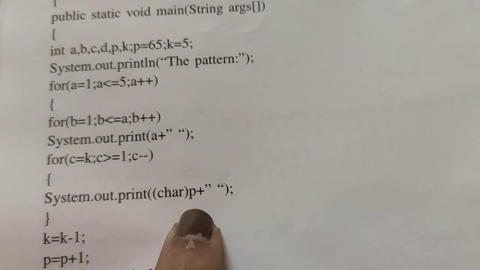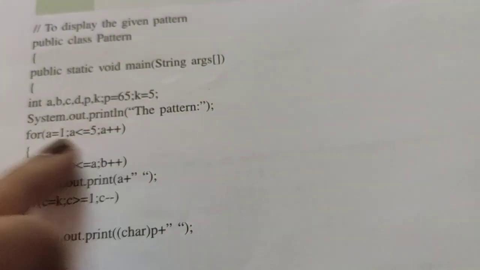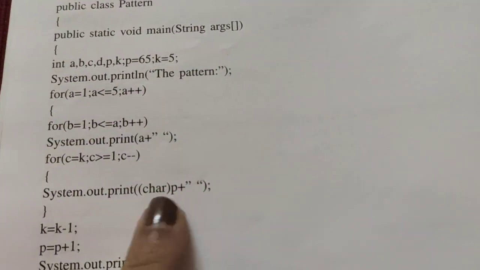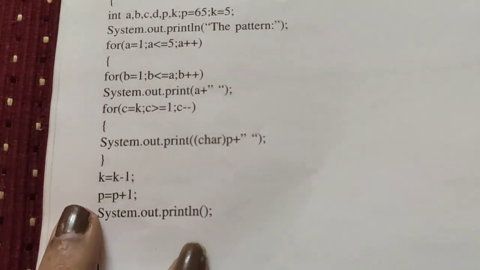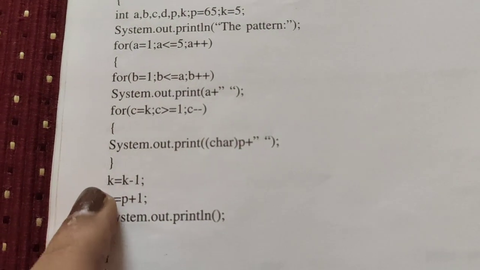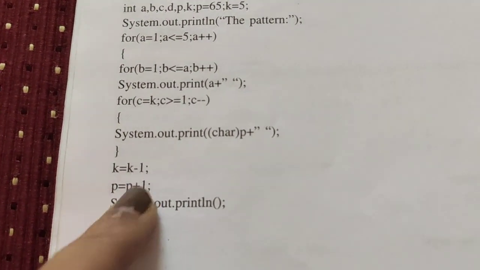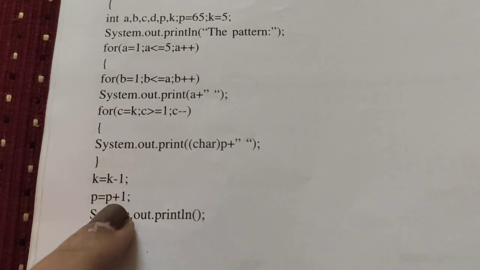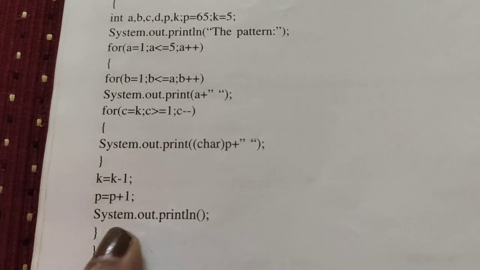If you give character of p, you will be getting the letter a, because the ASCII value of p is 65. That is the reason they have given it here. And then they are initializing k is equal to k minus 1 and p is equal to p plus 1.